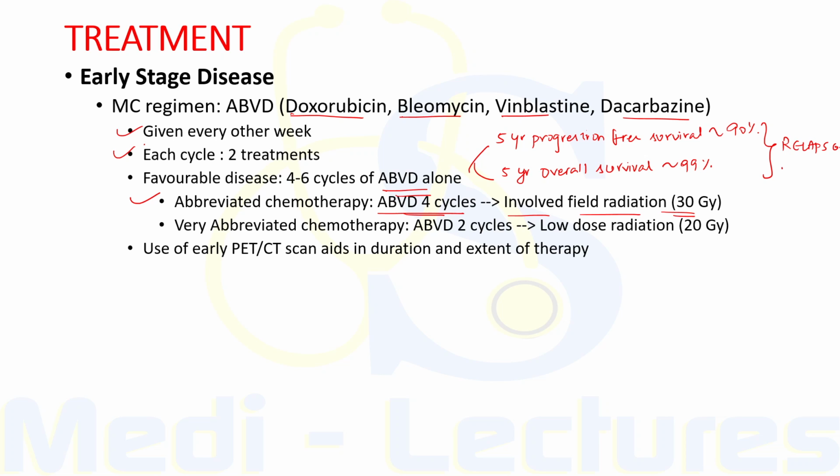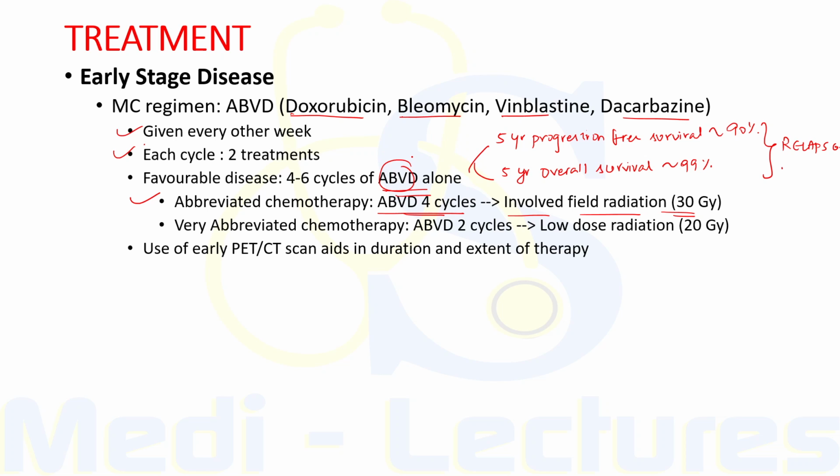As we have discussed, there is a slightly increased risk of relapse with ABVD alone as compared to the abbreviated chemotherapy, but there is no difference in overall survival owing to excellent salvage strategies if Hodgkin's lymphoma relapses at all in the ABVD treatment alone.